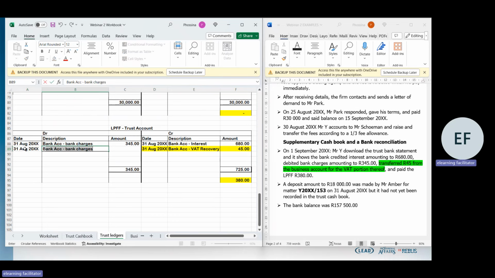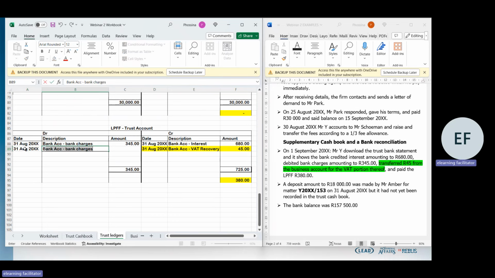And then when it comes to our cash book, we balance off again our supplementary. So this is our supplementary cash book, just an extension of our cash book. How do we balance it off? We do the same. We add up this side. We compare it with the other side.